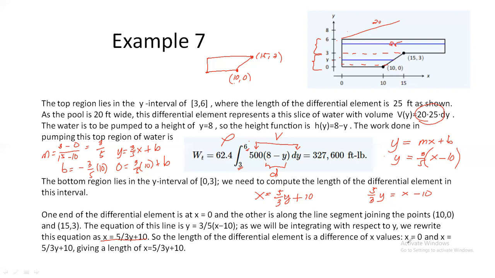So you will have x starting with 0 to x equal to 5 over 3y plus 10, giving a length of x equal to 5 over 3y plus 10. This is your x. Then what would be the formula in finding the volume of this particular differential volume so that you can find the work in pumping out the water in this section here?